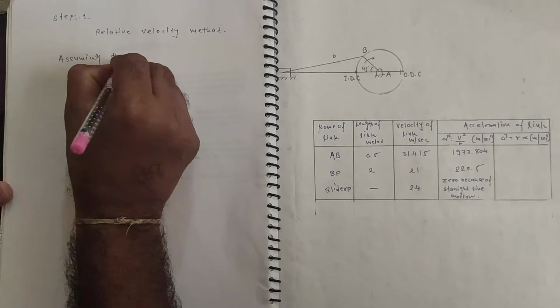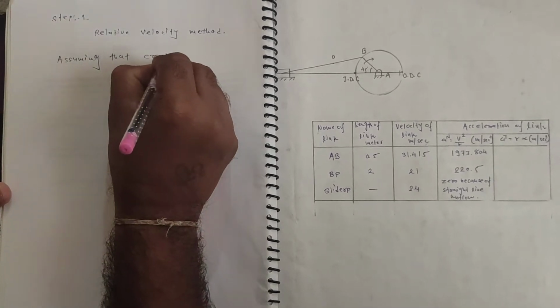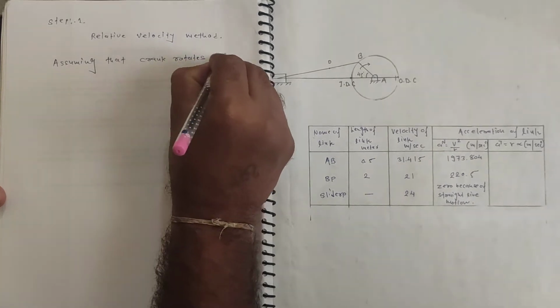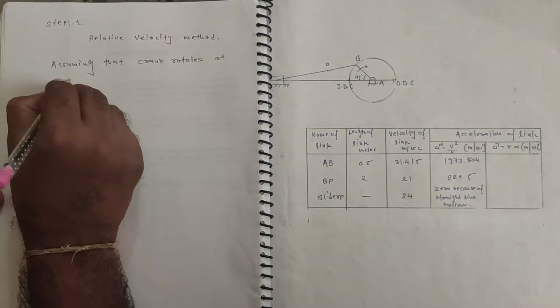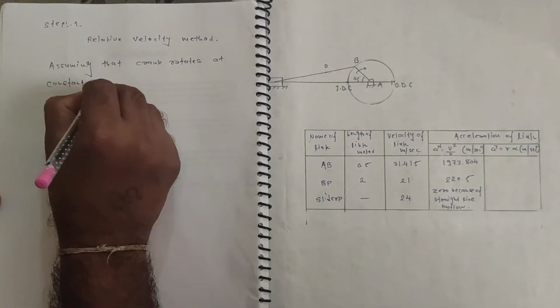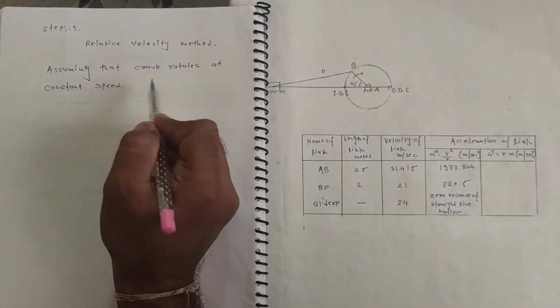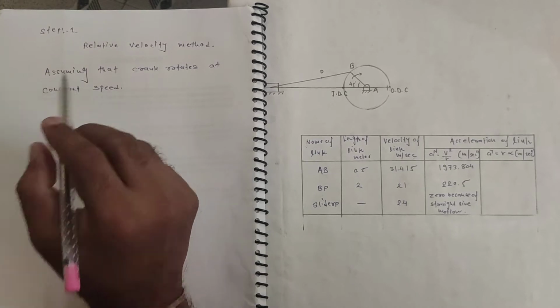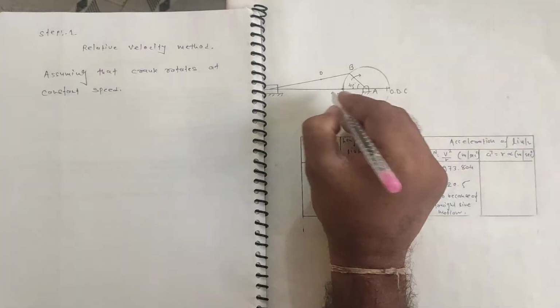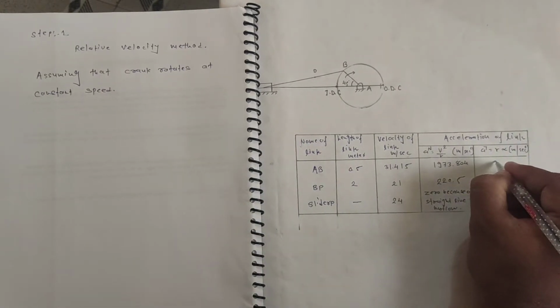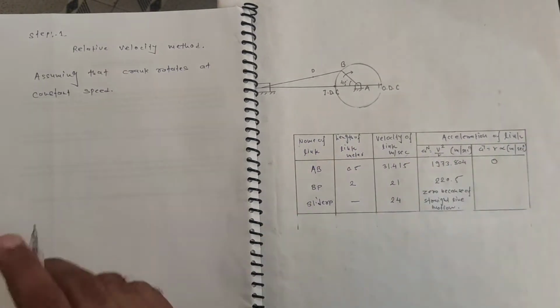As the first point, we assume that the crank rotates at constant speed. So as per our assumption, when the crank rotates at constant speed, we consider that the tangential component for the crank is 0 from this diagram.